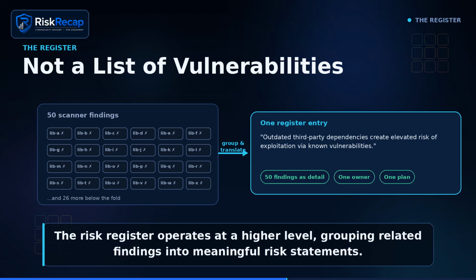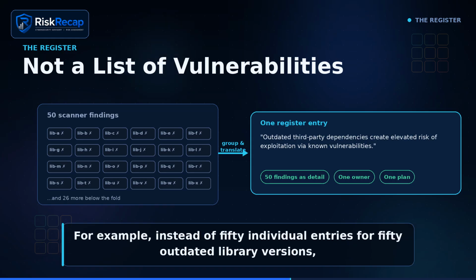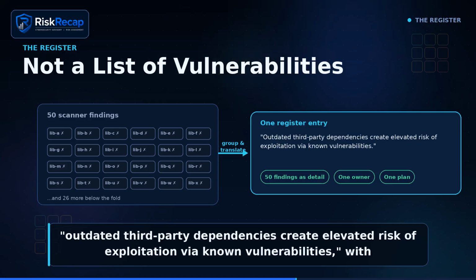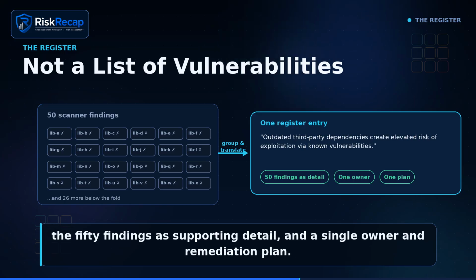For example, instead of 50 individual entries for 50 outdated library versions, the risk register might have one entry. Outdated third-party dependencies create elevated risk of exploitation via known vulnerabilities, with the 50 findings as supporting detail and a single owner and remediation plan.